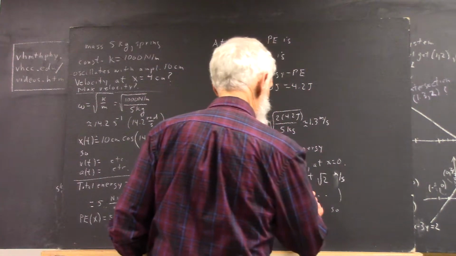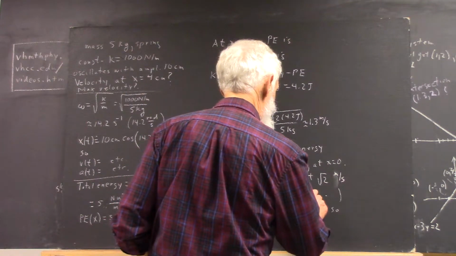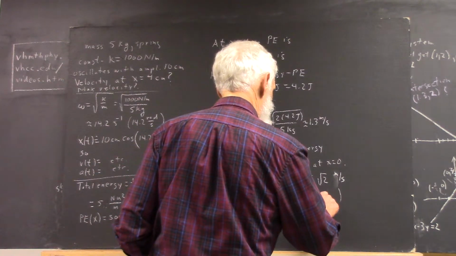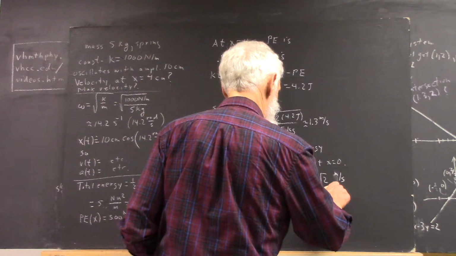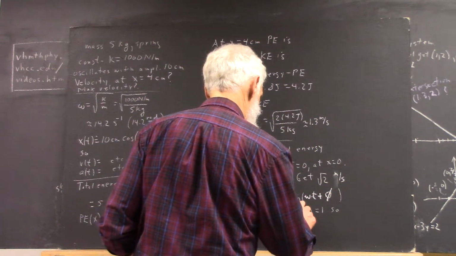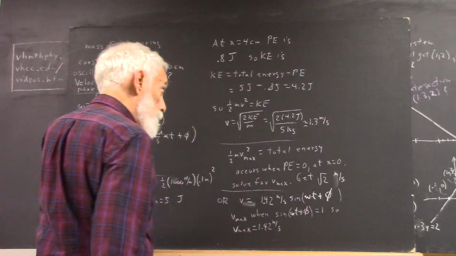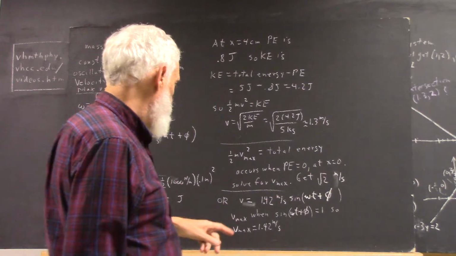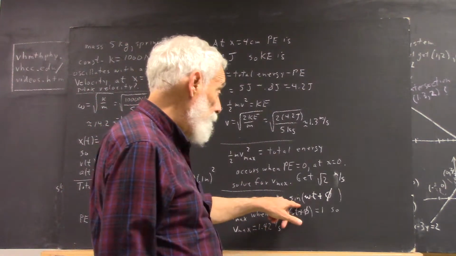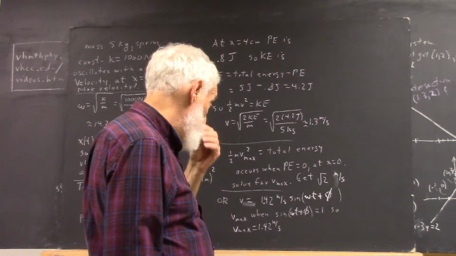I might as well write it out now. Of course, I'm taking your time to write it out, so I'll kind of write fast. Well, that's maximized when the sine is equal to 1.